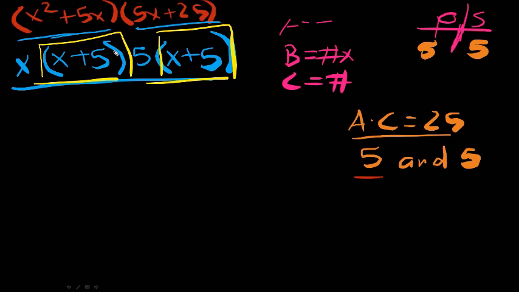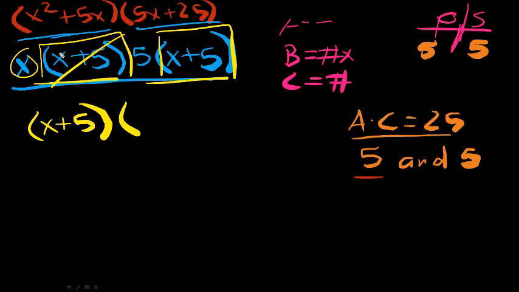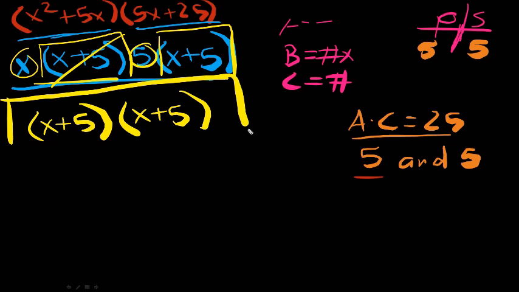Since they're matching, take one of these and write one of them down, x plus 5. Then open another parentheses, take the outside terms and add them together, x plus 5. And that's the fully factored form of the equation.